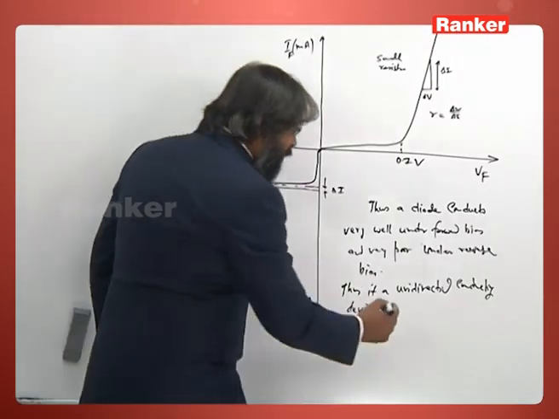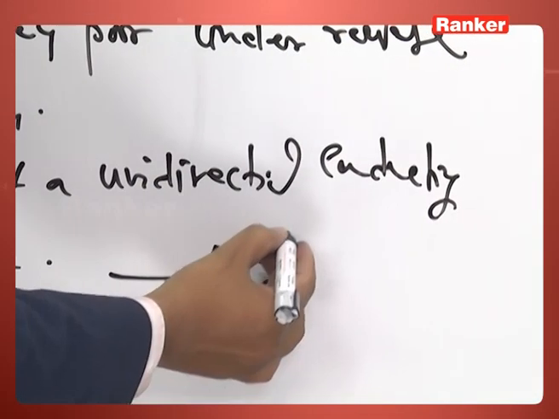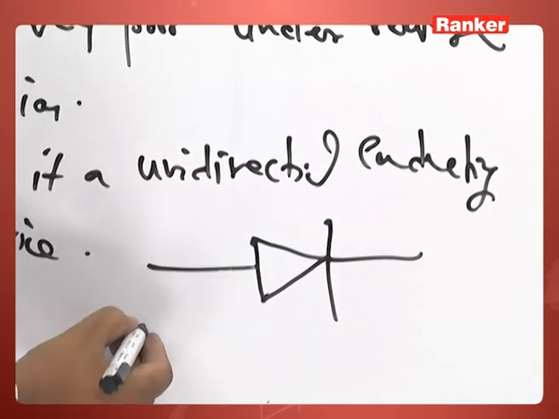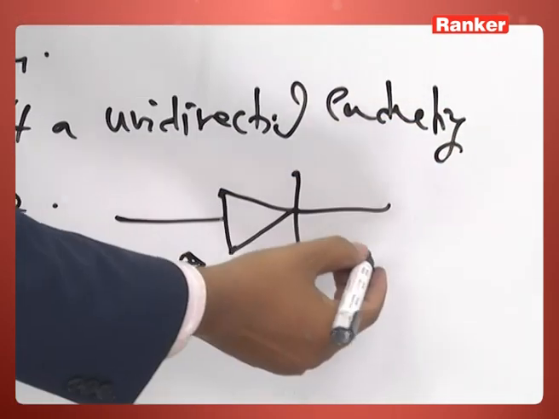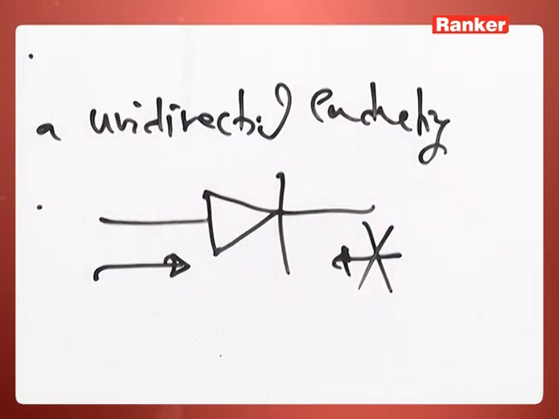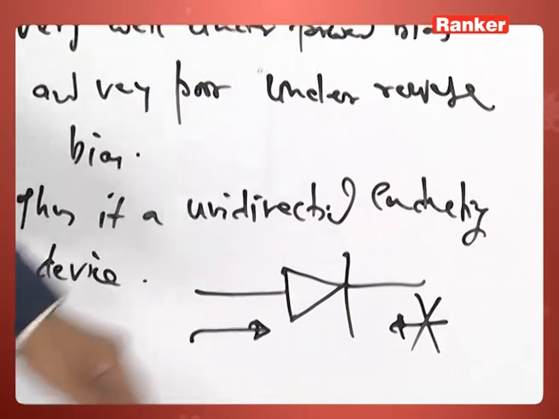Unidirectional conducting. So, in order to describe it, we use a symbol like this. The symbol means that if you allow a current to go along this direction, it will allow it, but if you allow a current in this direction, it will stop it. That is the meaning of that symbol, and that is why we selected it.